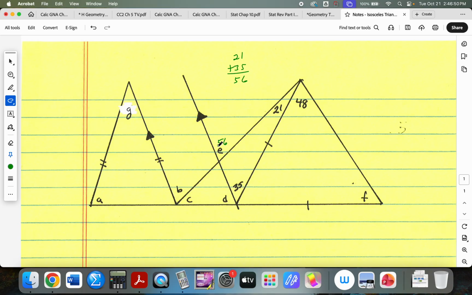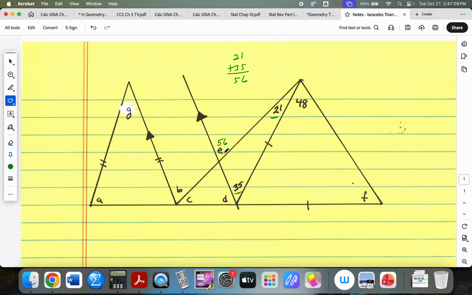So this angle, see how it's outside of this triangle? And these are the 2 interior angles that are not right next to it. We call those remote interiors. They're remote because they're far away, interior because they're inside. If I just add those 2 together, I get this angle.